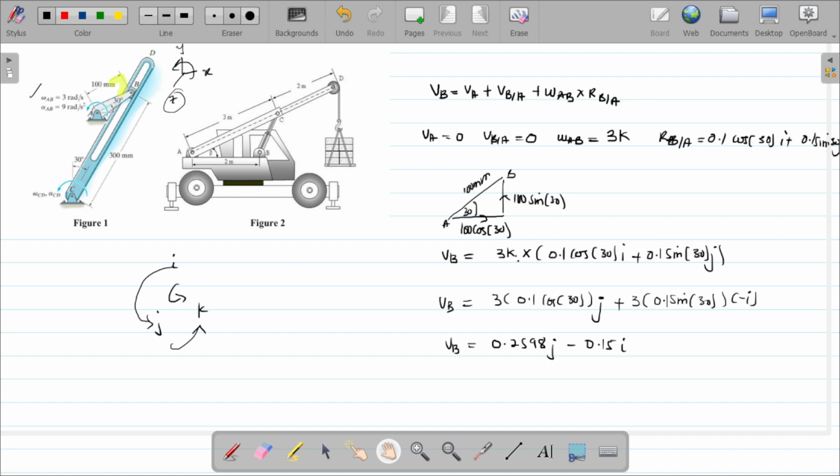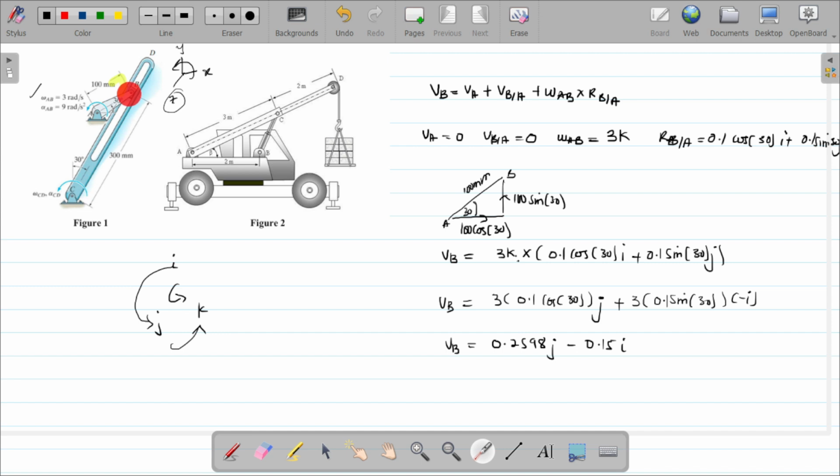At the instant shown, when B is rotating about C, that velocity will be the same as what we have here.